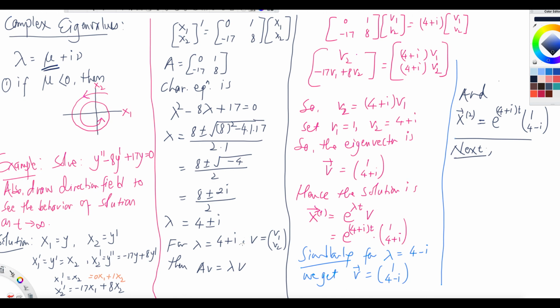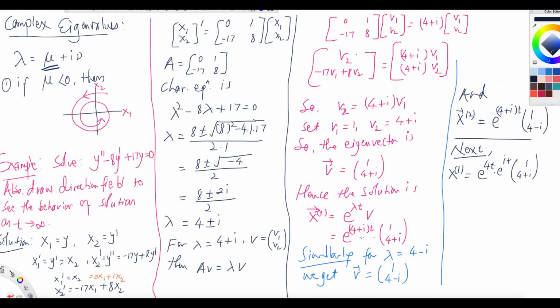Do you remember what I said: after you find x1 or x2, you try to simplify this using Euler's formula, and then write it in the form u plus iw. That's what you would try, okay? So how do I do that? Next, x1 is e to the 4t times e to the it, and then you can write [1, 4 plus i].